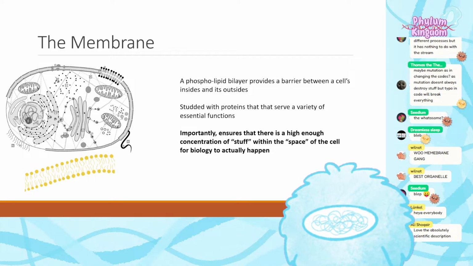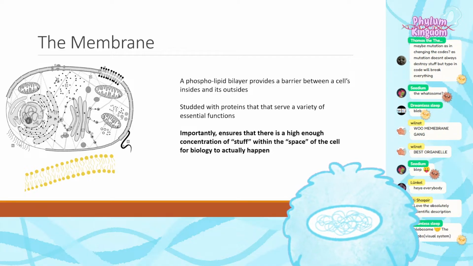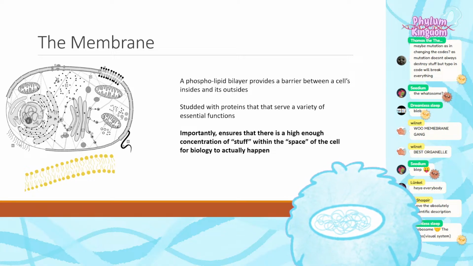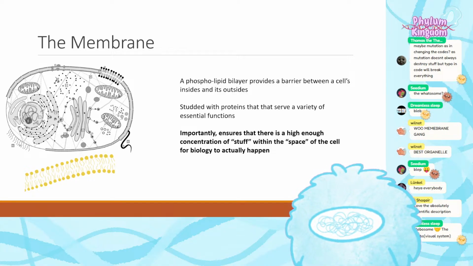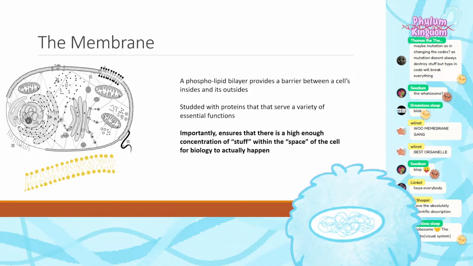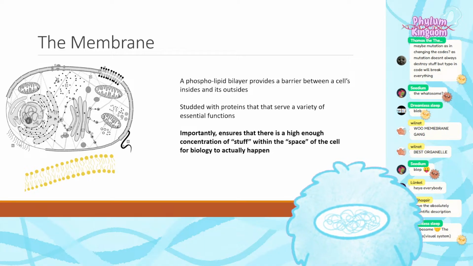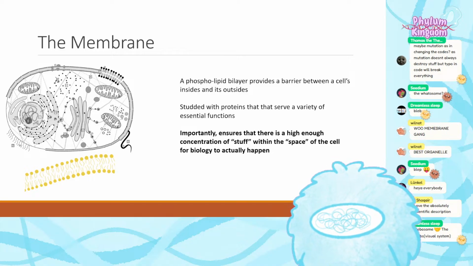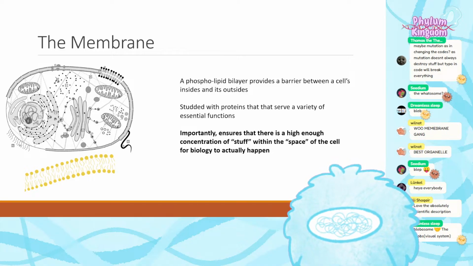Because before we had actual cells, we were all just in the primordial soup, a bunch of chemicals and proteins and RNA, or, debatably, depending on who you believe in terms of the origin of life. But before any of that gets to be called life, the things that live inside the cell had to be concentrated in a high enough concentration for productive chemical reactions to actually occur, right?